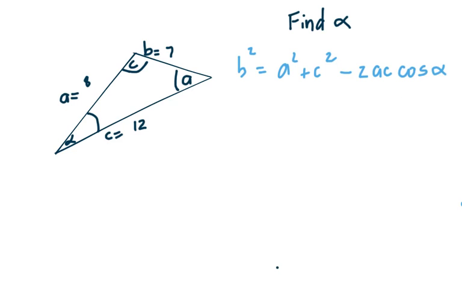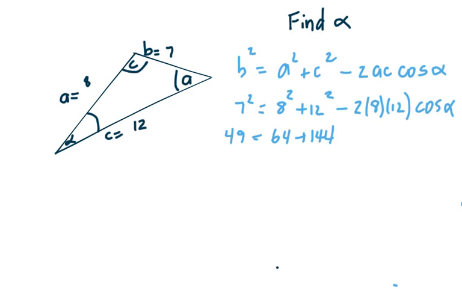And now we fill in the numbers that we have. B is 7 squared is equal to A is 8 squared plus C is 12 squared minus 2 times 8 times 12 cos of alpha, which we're trying to find. Now let's do some arithmetic. 7 squared is 49, 8 squared is 64, 12 squared is 144.